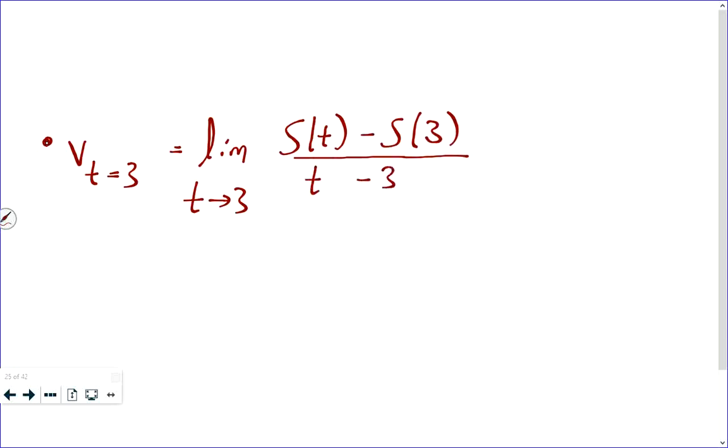And again, I'm coming to this thing that really, I find it spooky. It kind of blows me away a little bit. We're going to put the function in for s of t, and we're going to figure out what the function is at 3. And what we are going to get all the time in the numerator is something that is factorable.